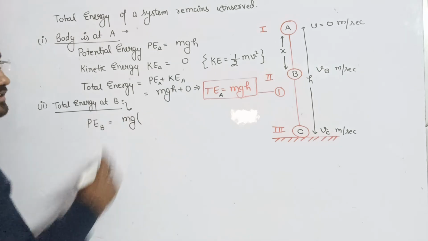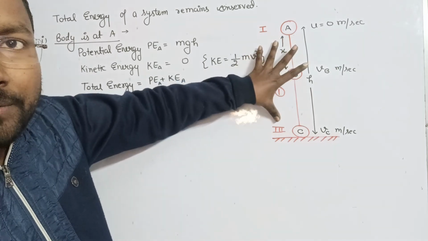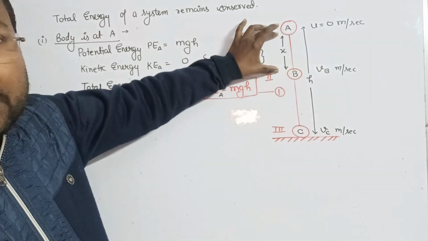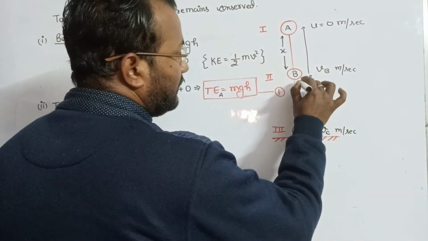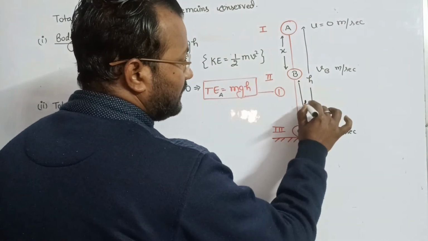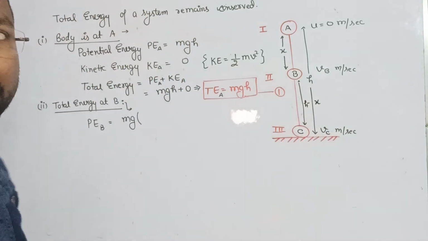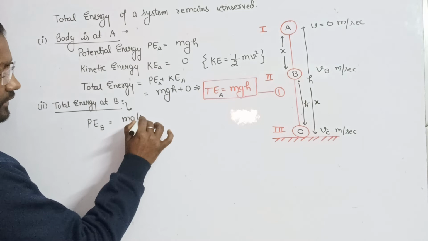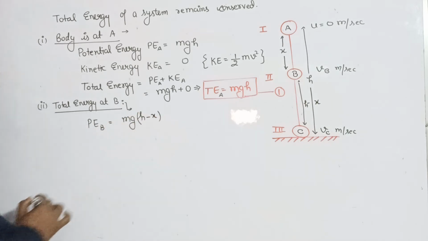Now the height is being reduced by x. The total distance was h, we have covered the distance x. Now the remaining distance is what? The remaining distance is h minus x. So we'll put here h minus x, right?